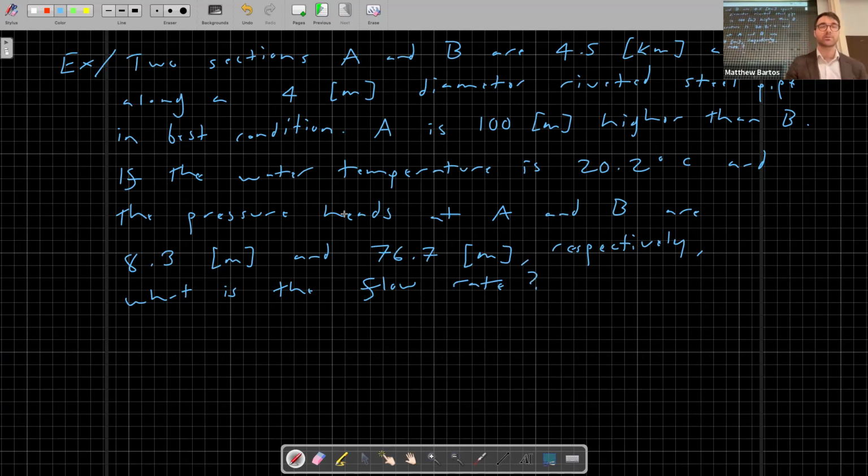Let's just make a quick drawing to contextualize here. So we have a pipe. We have points A and B. We have some point A upstream, and some point B downstream. The pipe is 4 meters in diameter, and that is the same all the way through the pipe.